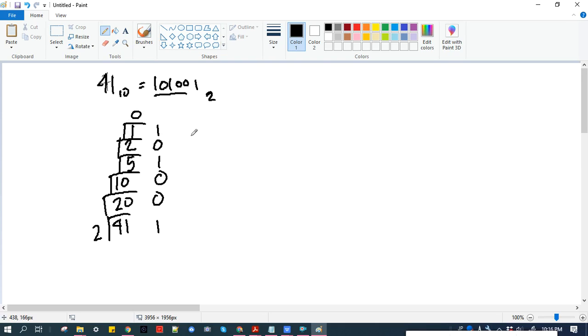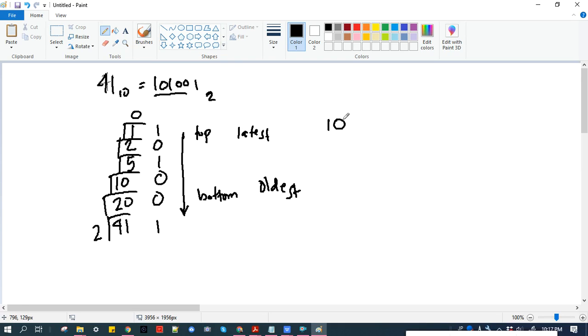And then take note of the remainders and read it from the latest to the oldest, from the most significant to the least significant. So you read it from top to bottom, or from latest to oldest.